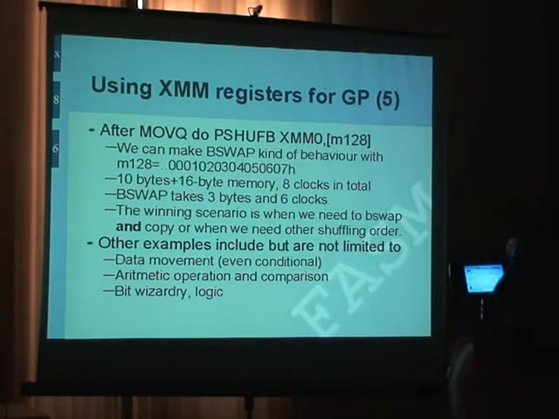But if you do a lot of these, then the latencies will hide, and you will get an efficiency of about 6.5 clocks per byte swap. So it might be convenient to use multimedia registers sometimes. And there's a scenario brought up when you need to byte swap and copy the swapped bytes.